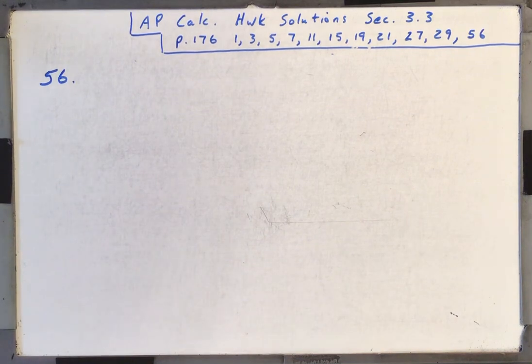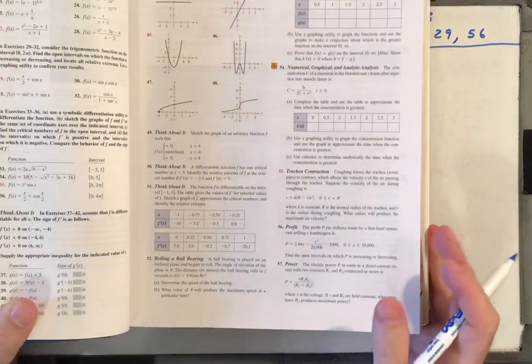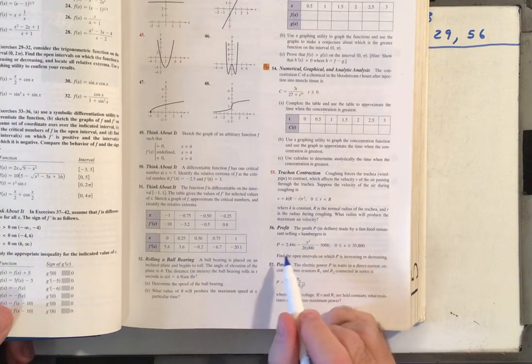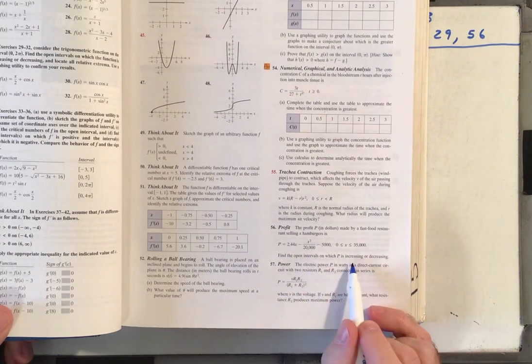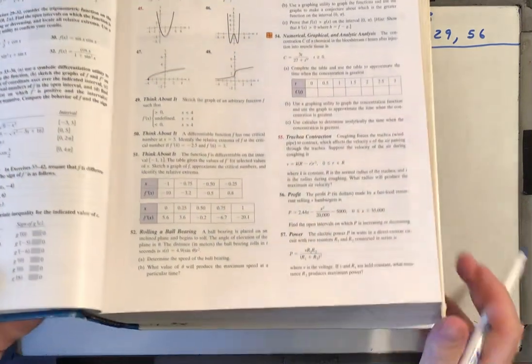And if I remember this right, 56 is not really too tough. So 56, we've got a profit equation and our interval is between 0 and 35,000. We want to find where it's increasing or decreasing.